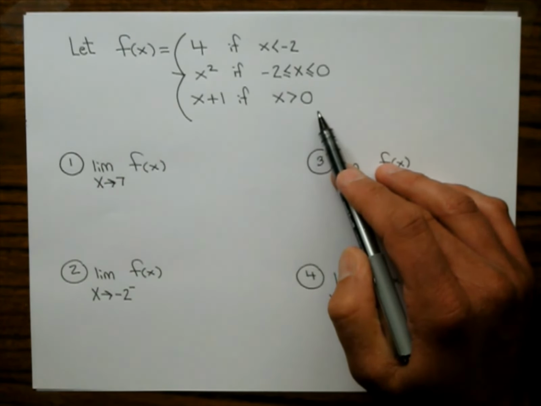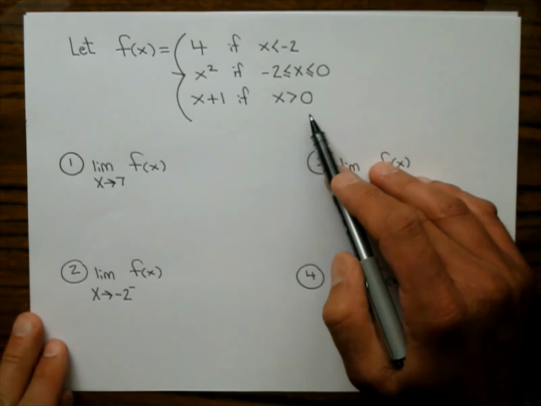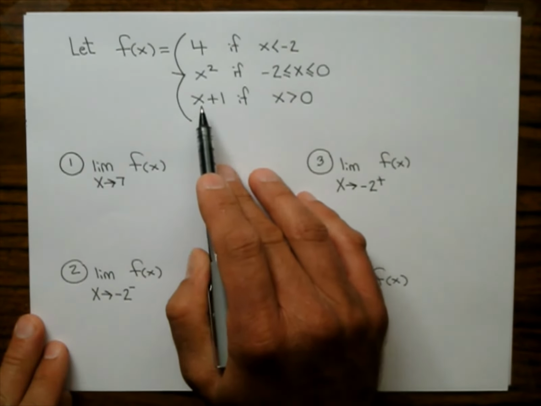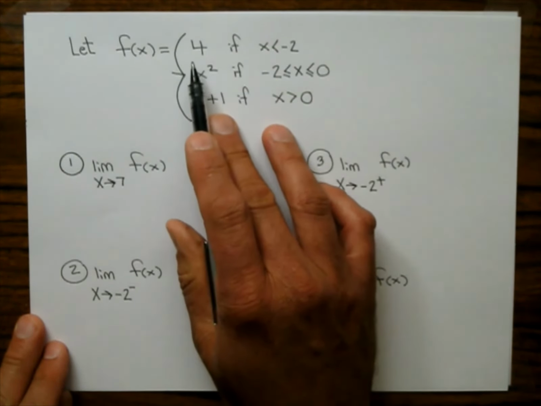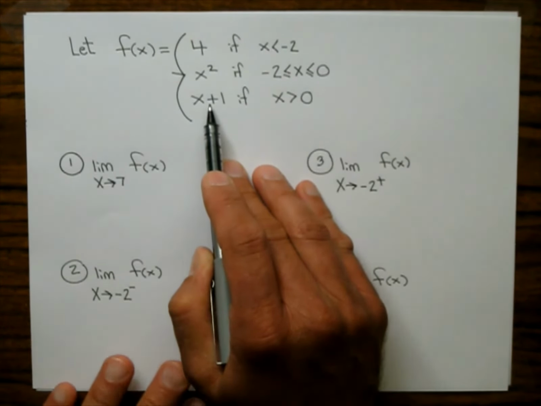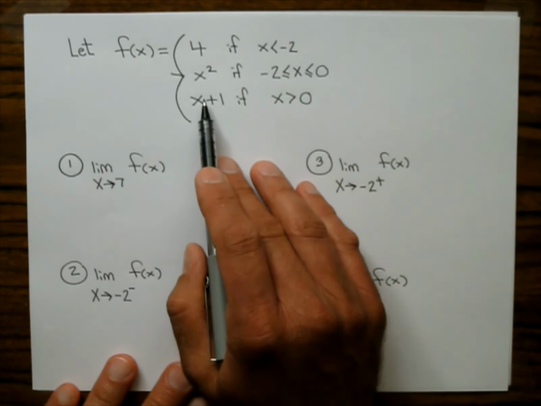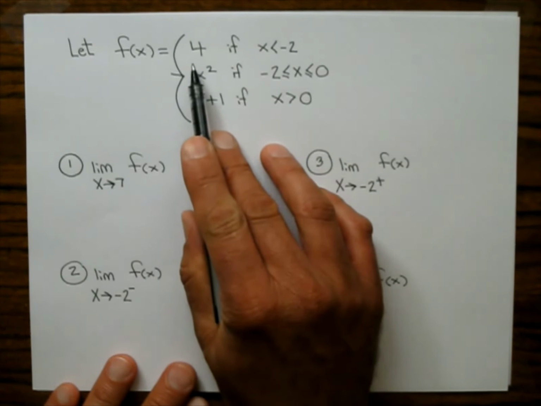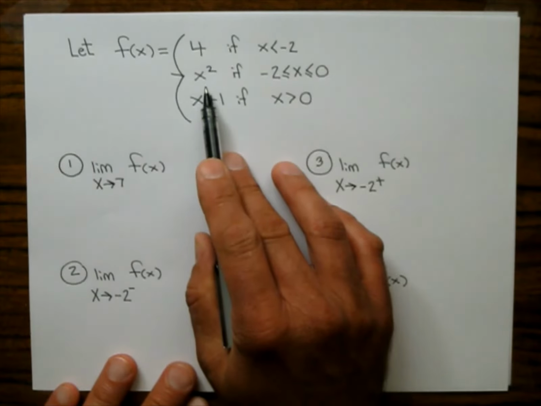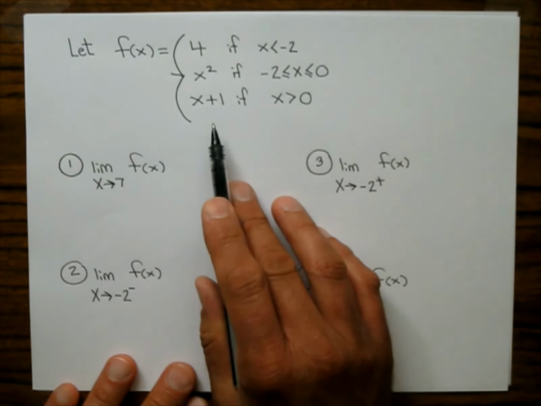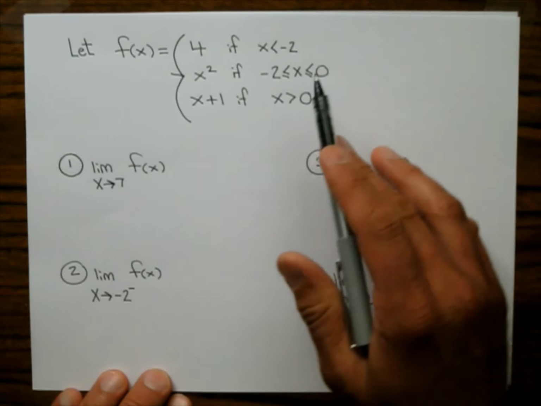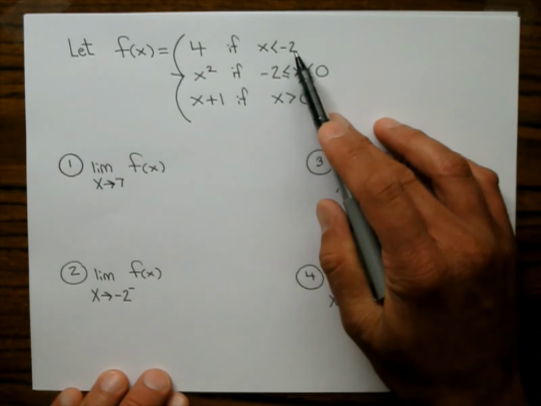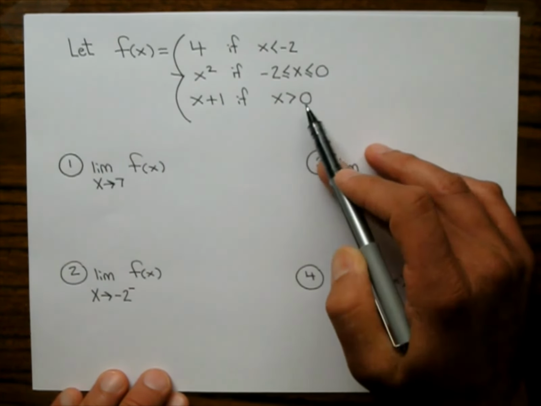Now, this branch function, this 4 and this x squared and the x plus 1, they look pretty nice, and there are places where the function goes from the top road to the middle road and from the middle road to the bottom road. So we have to be aware of those values of x where that happens. x equals -2 and x equals 0.